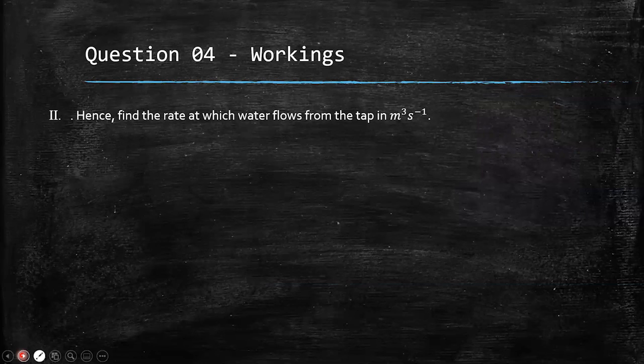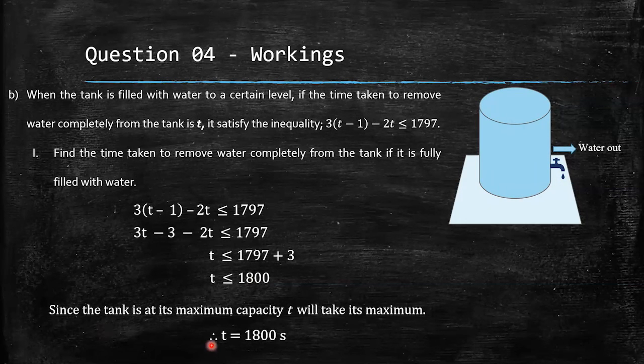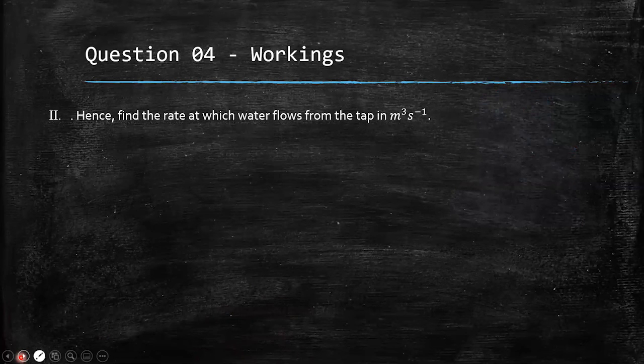Now it says, hence find the rate at which water flows from the tap in cubic meters per second. Hence means we now use the t that we found earlier. So using this t, we need to find the rate of water flow, right? We know the rate is equal to volume divided by time.